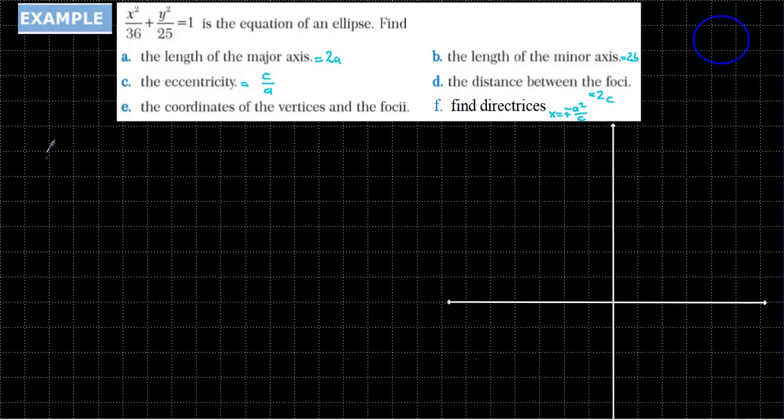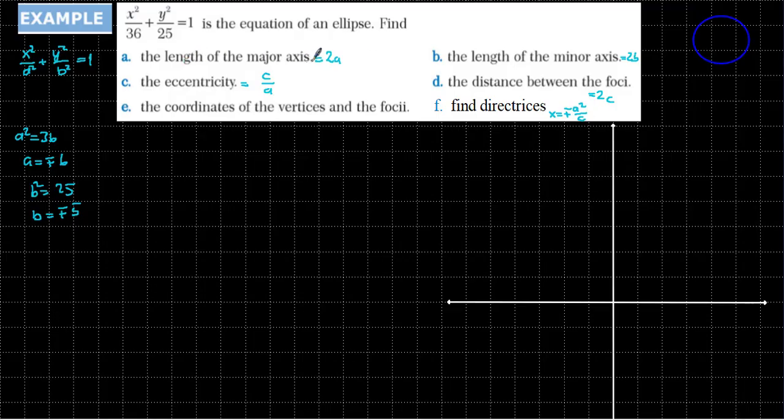Firstly, the formula: x squared over a squared plus y squared over b squared is equal to 1. So a squared here is equal to 36, and a is equal to plus or minus 6, and b squared is equal to 25, b is equal to plus or minus 5, sorry.